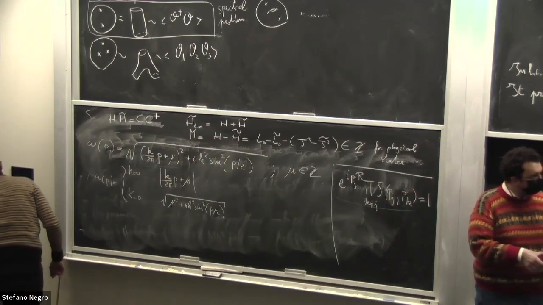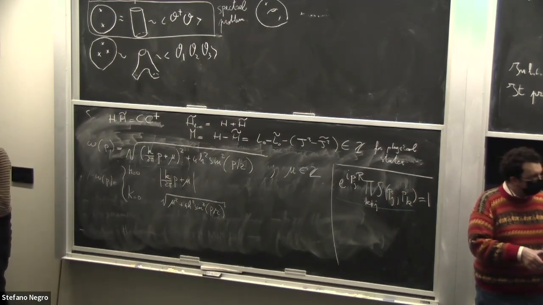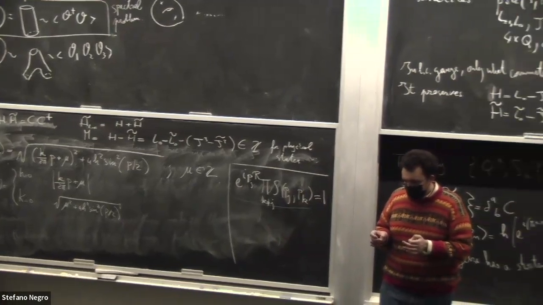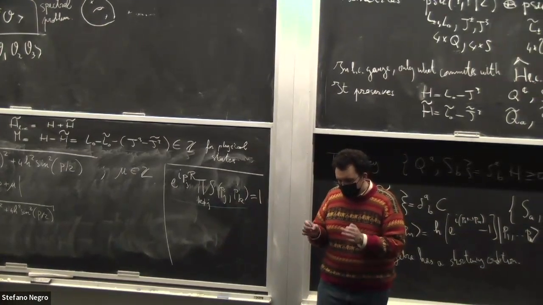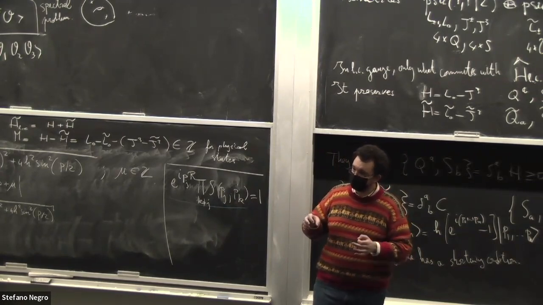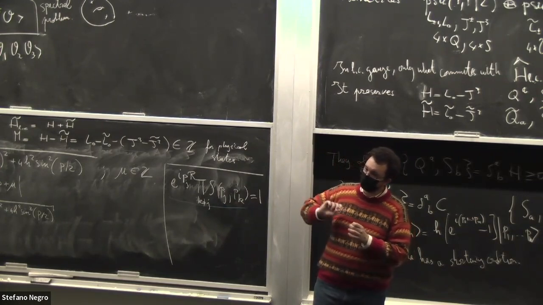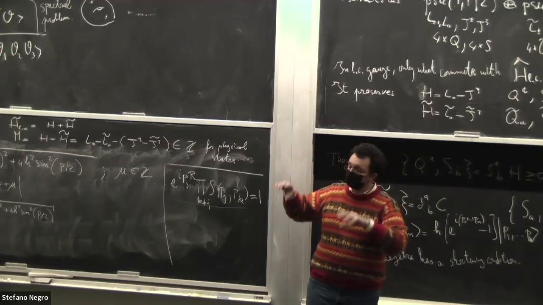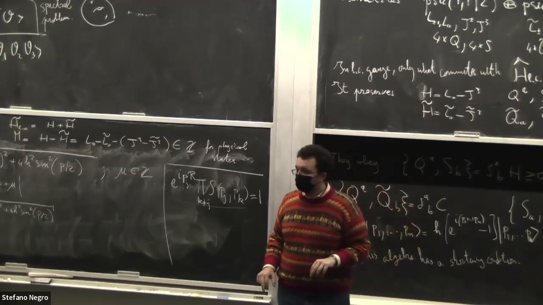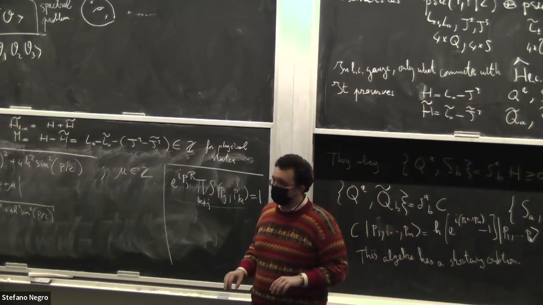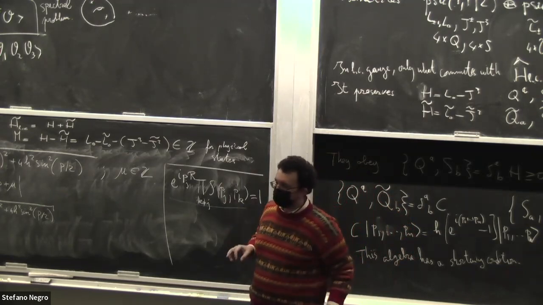Let me put it this way: you have a string that is an excitation around some BMN string. The vacuum of this theory is really something that moves with the speed of light on a great circle and on the time component, and you're exciting around that. So the center of mass of the string is moving on the great circle of the internal sphere? Yes, and on AdS.